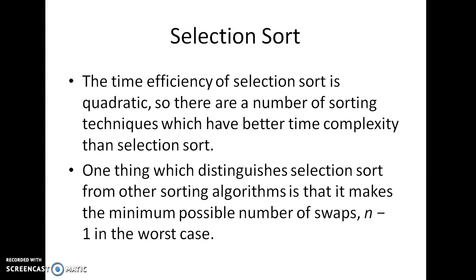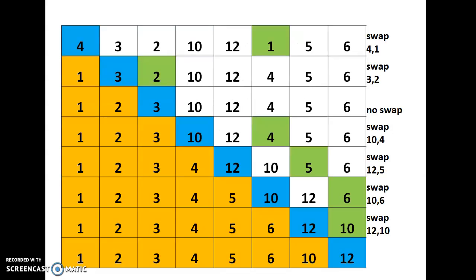One thing that distinguishes selection sort from other sorting techniques is that the number of swaps performed is n minus 1 in the worst case, that is, the number of possible swaps in the worst case is smaller in selection sort.